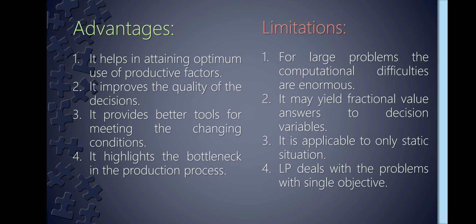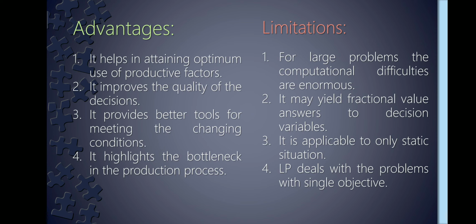Then, LPP improves the quality of decisions. Here the main motive is always maximizing the profit by lowering the cost. Hence it helps in improvement, and it provides various options to management, such as which option would be useful or help to optimize things. Hence it always helps in decision making. It also provides better tools for meeting changing conditions.